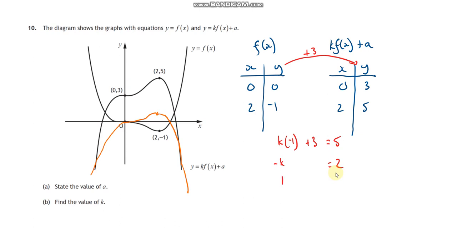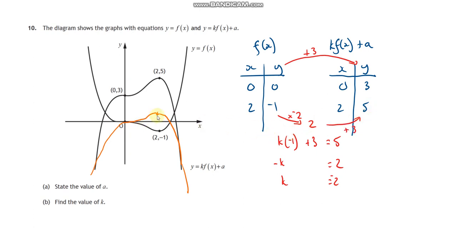So that means that k has to be equal to 2. Let's see if that makes sense. Sorry, so negative k is equal to negative 2, sorry. Times that by negative 2, that's going to give me a 2. And then would I have to add on to 2 to get to that? Yes, I have to add on plus 3.